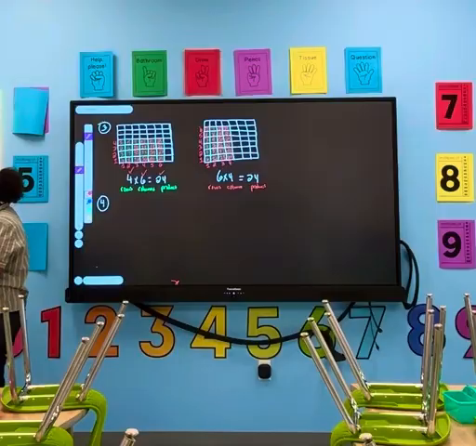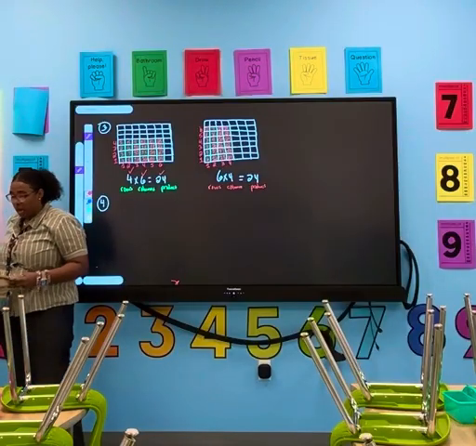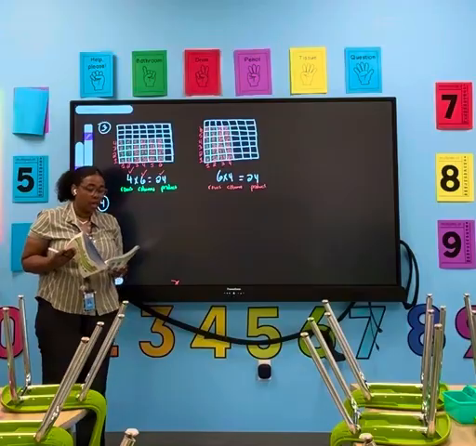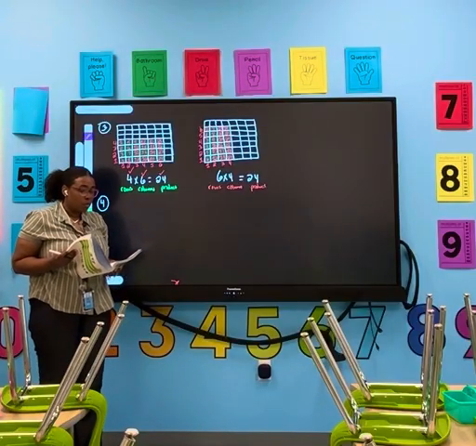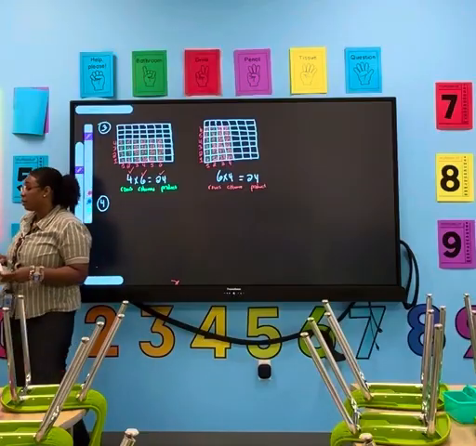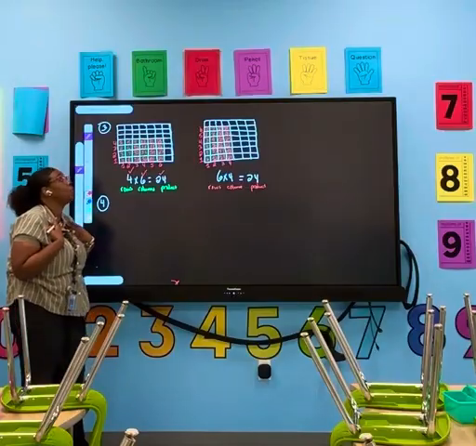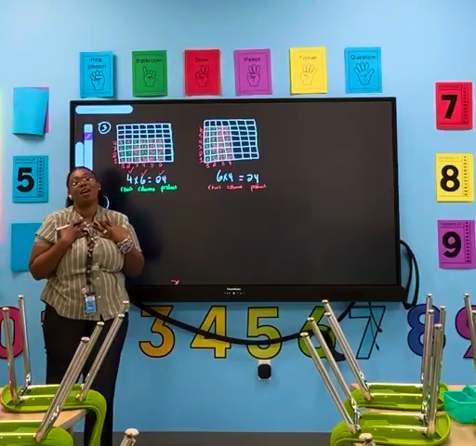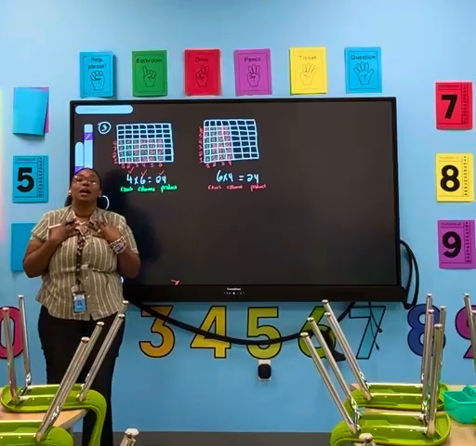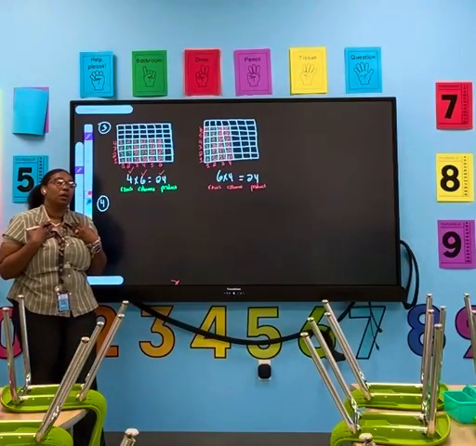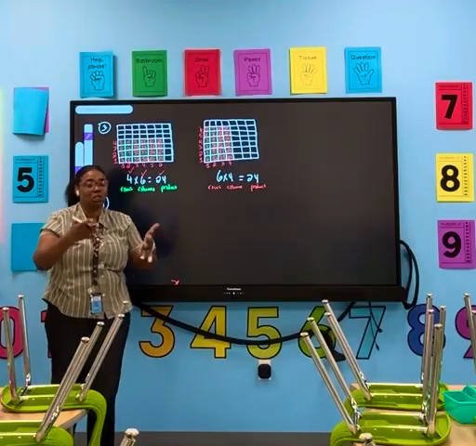So number 4 says, explain how you know there are the same number of colored squares in both grids in the box. Well, how do we know it's the same? Is it because Ms. Newman went in and she counted all her colors? But that's not the thought they want you to have.